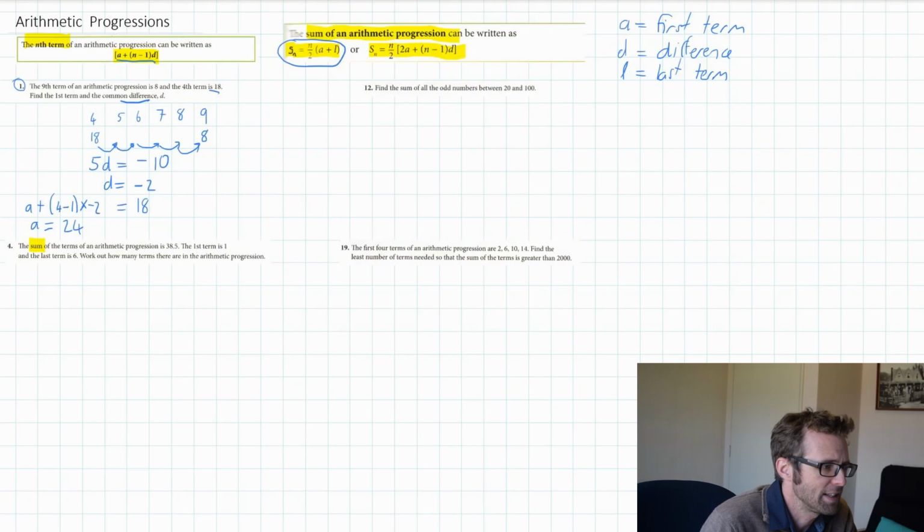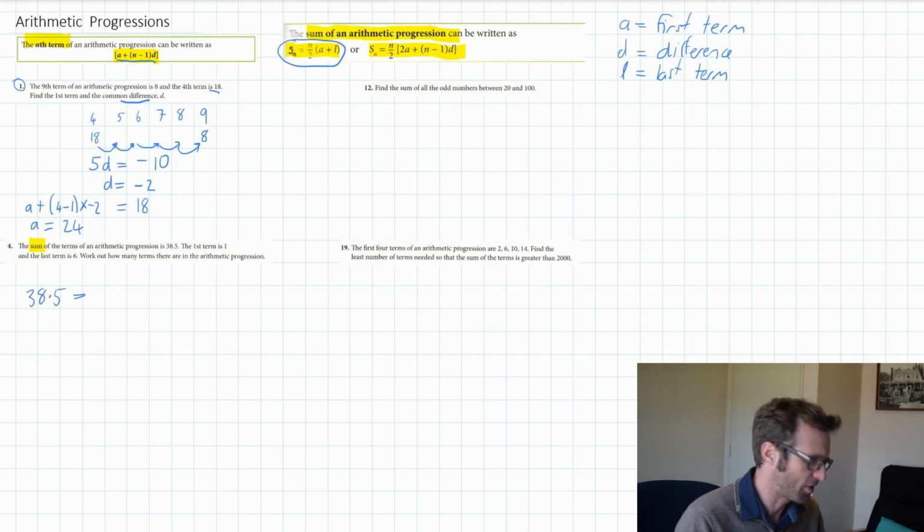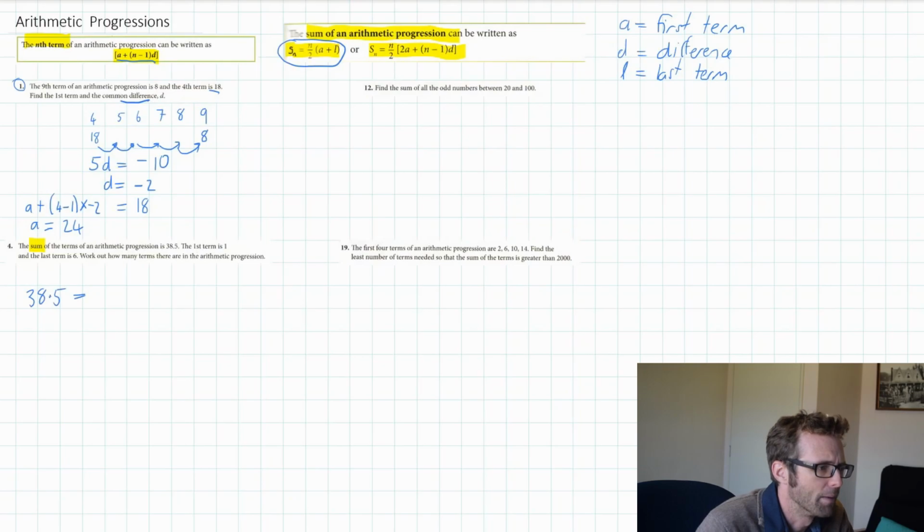We know that Sn is 38.5, so I'm going to go 38.5 equals. Now, what else do I know? I know that the first term is 1. So I'm going to go n over 2, because I don't know n yet. But I do know a is 1, and I do know the last term is 6.